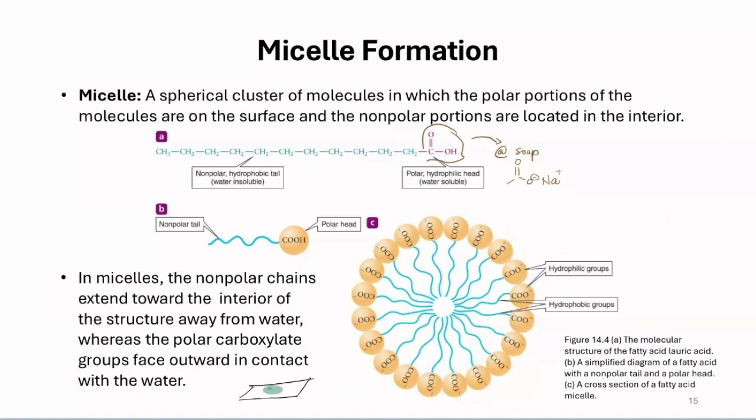It has something that is soiling the surface, and it happens to be oil. When a soap acts on that surface to remove that oil, the tails are going to be interacting with that oil and overall trapping it in the interior of the micelle.